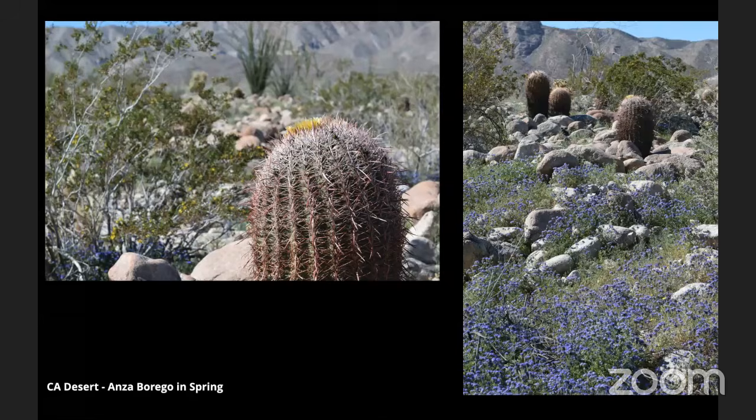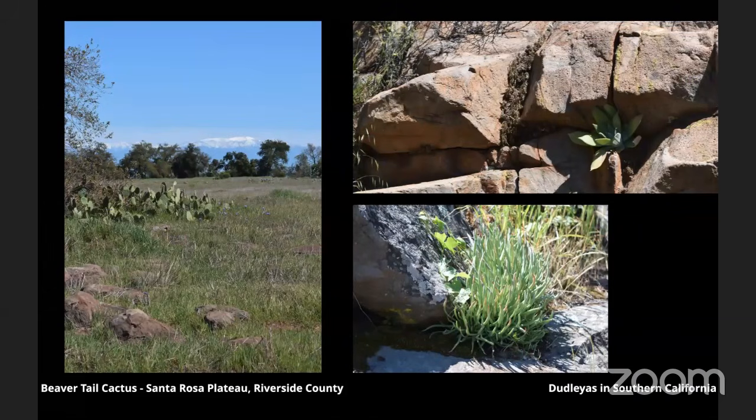Our local desert, Anza-Borrego in the spring, is absolutely a gorgeous combination with some cacti, but also wildflowers and shrubs in bloom as well. And we even have cacti in other non-desert areas. So this is beavertail cactus at Santa Rosa Plateau in Riverside County. And then our local softer succulents in much of California are Dudleyas.